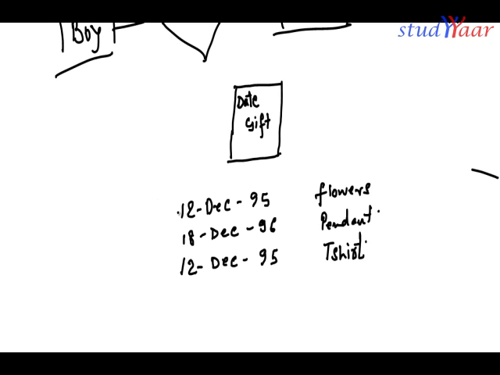So we can have a possibility where Jimmy gives a bouquet of flowers on 12 December 95 to Janie, and Joe gives a t-shirt on 12 December 95 to Jill, right?